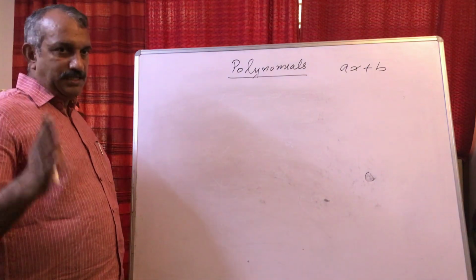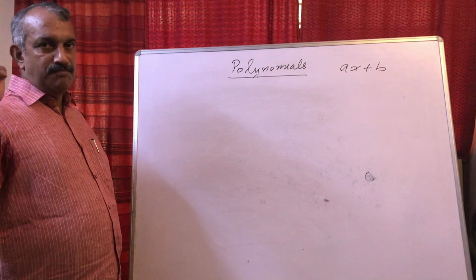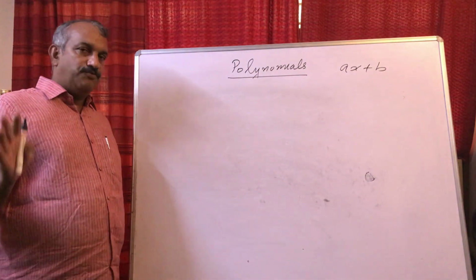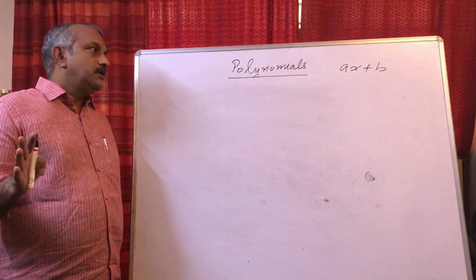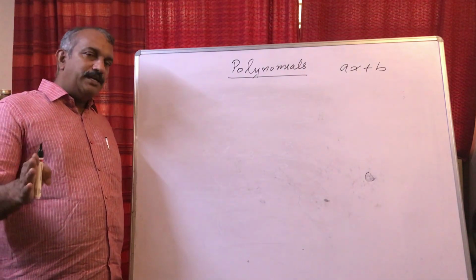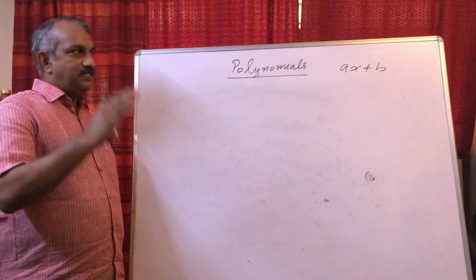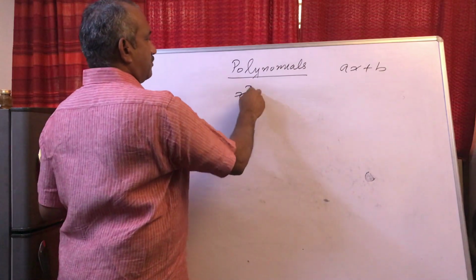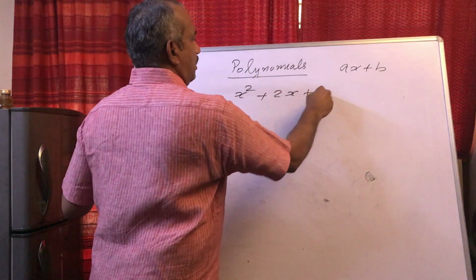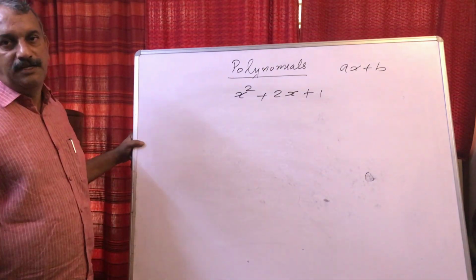Out of that, it can be in the form of the first 4 identities, or it can be in the form of the first 4 identities and the fourth identity also. There are 2 cases, so we'll take them one by one. Say the first one we already discussed, say x square plus 2x plus 1. Now it is in the form of the first identity.